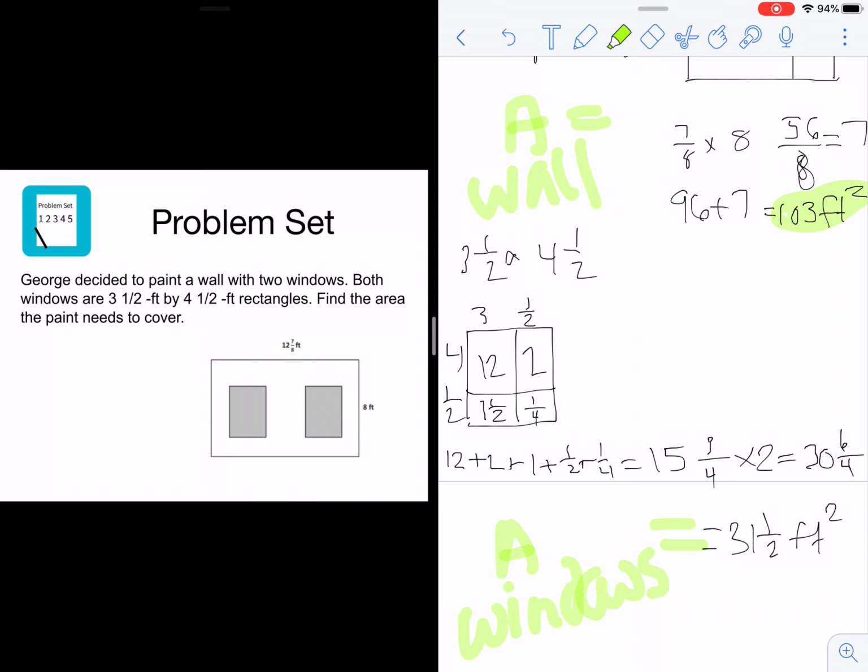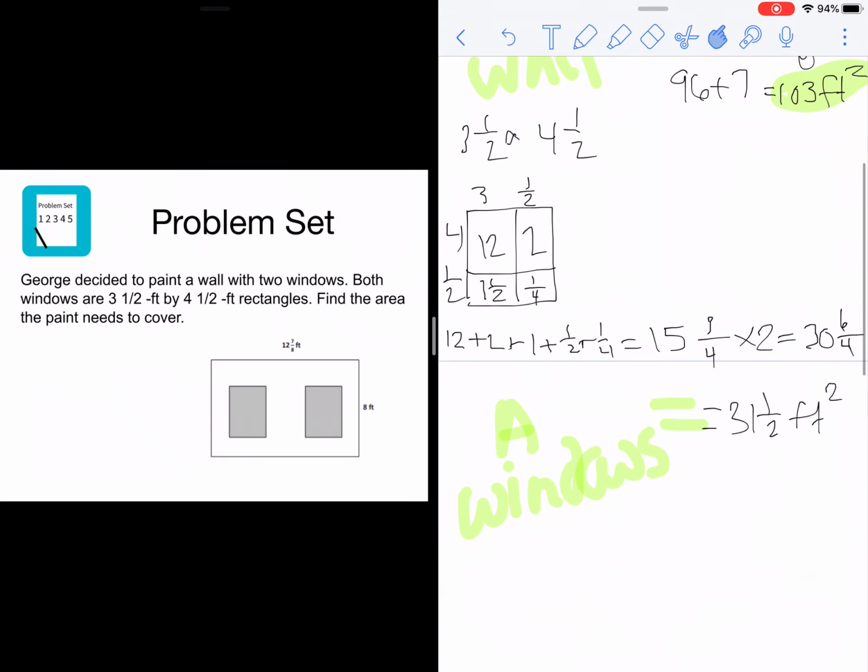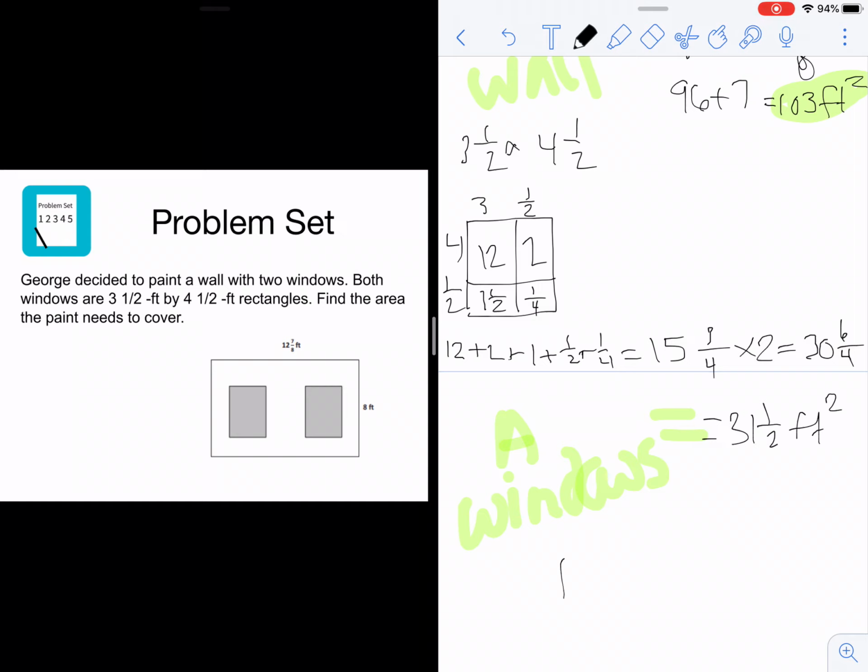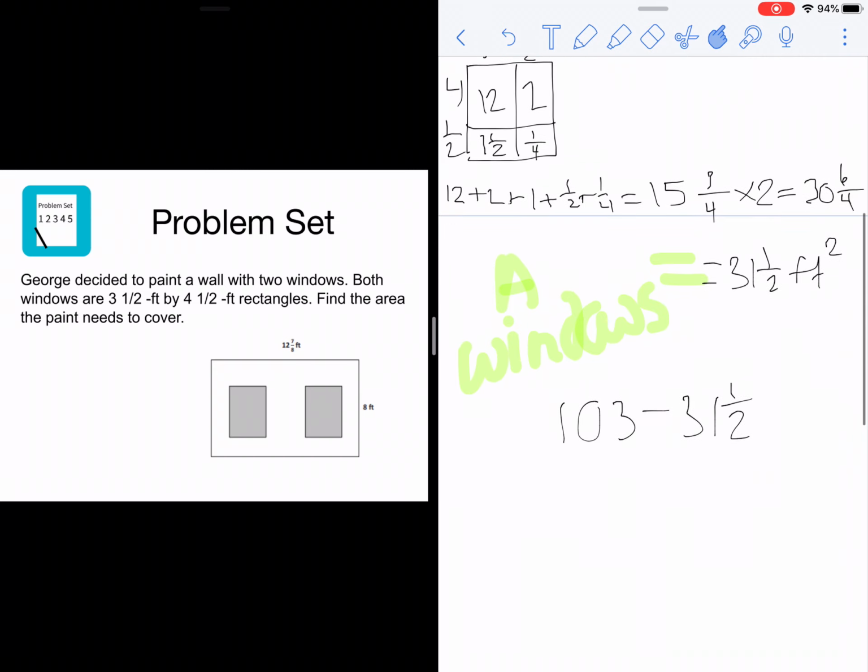So now what you have to do is take the area of the wall, which is 103, and subtract the area of the windows, which is 31 1/2. And when you do that, you get 71 1/2 feet squared.